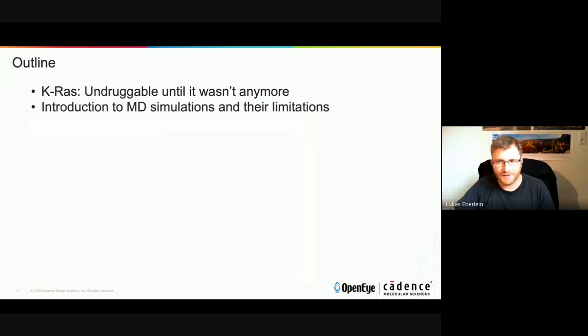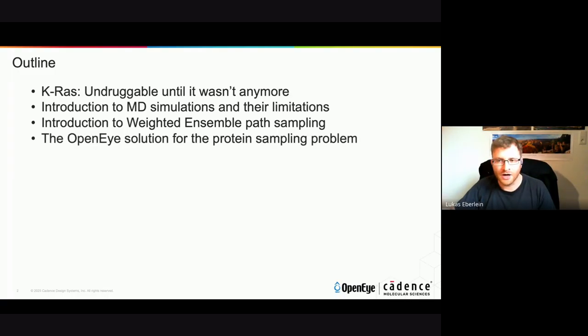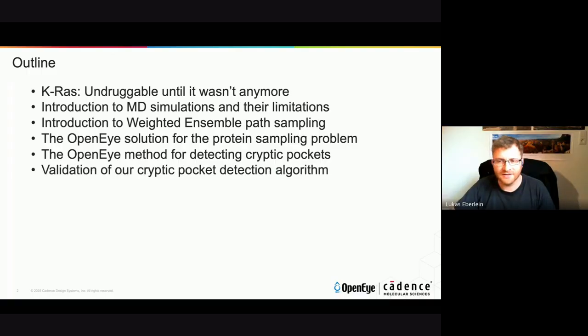We will discuss if and how we can use molecular dynamics simulations for cryptic pocket detection and focus on the weighted ensemble path sampling strategy, an enhanced sampling strategy that allows us to run our calculations more efficiently. This will lead us to our solution for the protein sampling problem and subsequently to our method to detect cryptic pockets. We will have a larger-scale validation study to show if and how well these methods work.